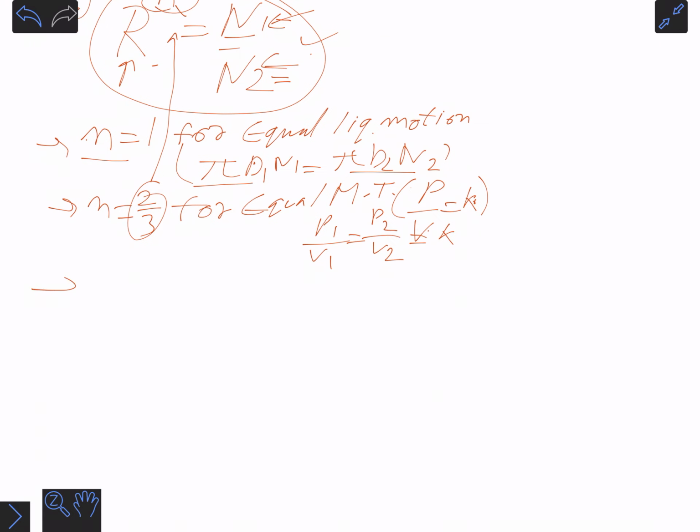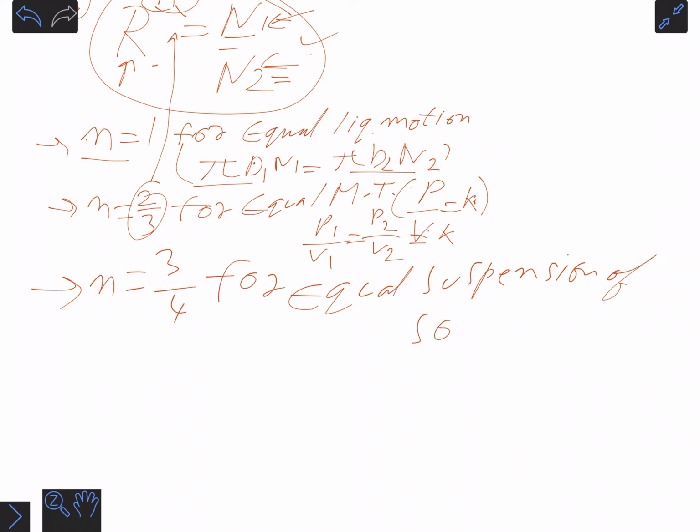The third equation is n equal to 3 by 4. This is for equal suspension of solids. And similarly, another is n equal to half for same surface behavior.